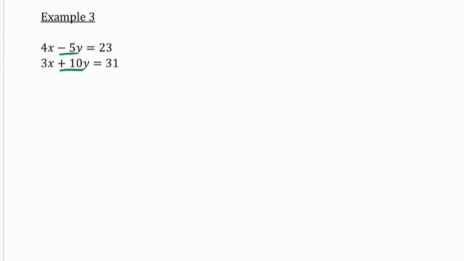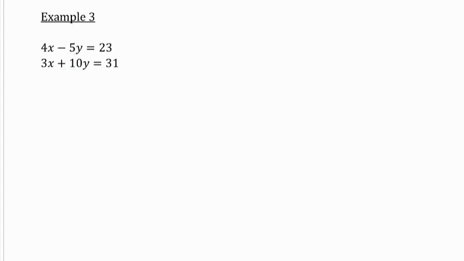Because what I want to happen is I want to multiply one of my equations by something so that I end up getting the same number in front of that y. Well, can I multiply 5 by something to make it 10? Yes, right? If I take 5 times 2, then that will make it a 10.